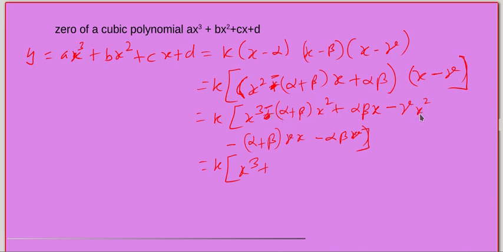This also has x square, so minus gamma x square. So the whole thing we can put with a minus sign: x cube minus of alpha plus beta plus gamma into x square. So minus we have taken common outside.